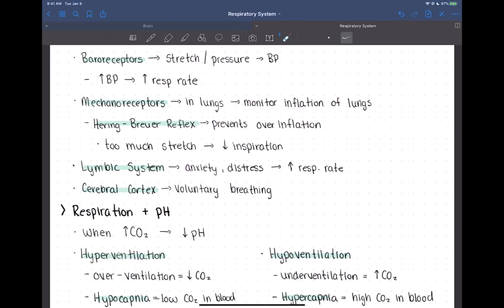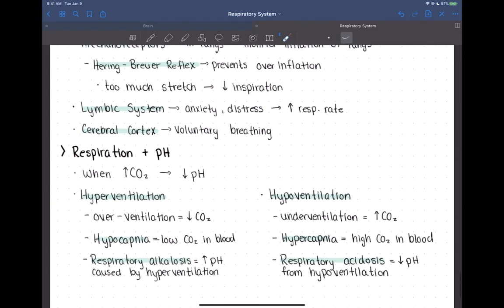They're responsible for a reflex called the Hering-Breuer reflex that helps to prevent your lungs from overinflating and tearing that delicate lung tissue. If you inhale too much and stretch your lungs too much, this reflex will kick in and shut down inspiration, because these mechanoreceptors have detected that the lungs are getting too inflated.